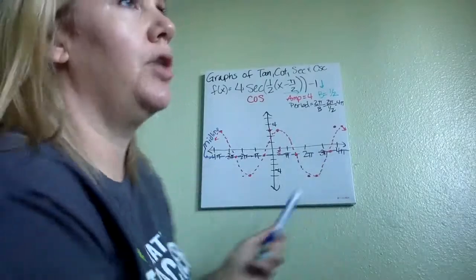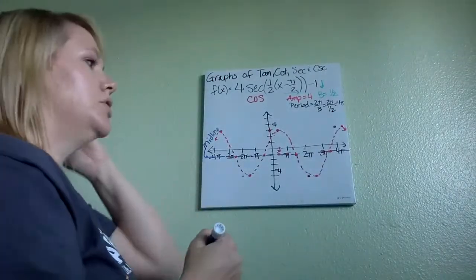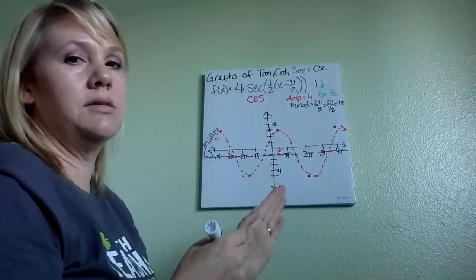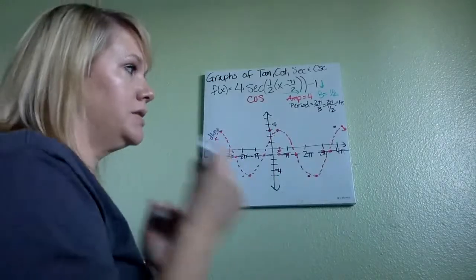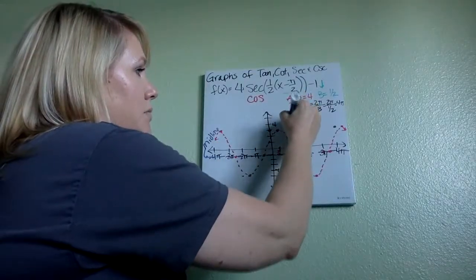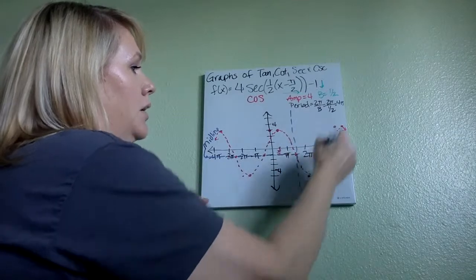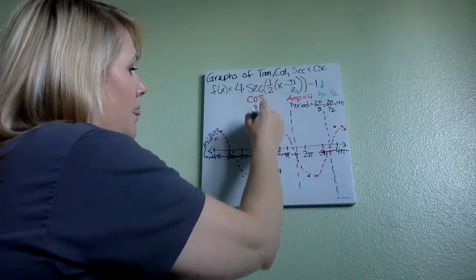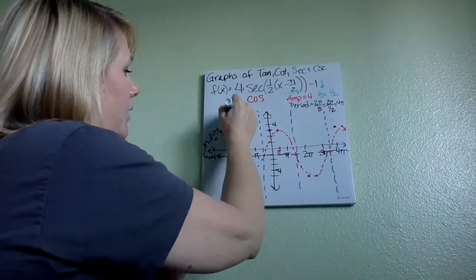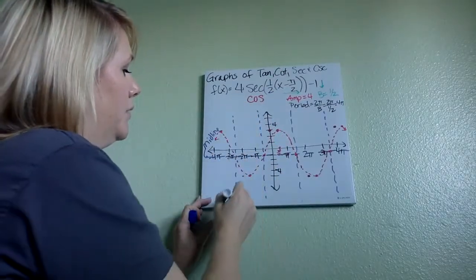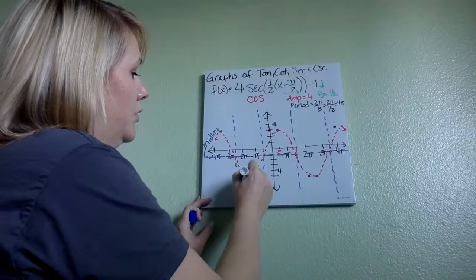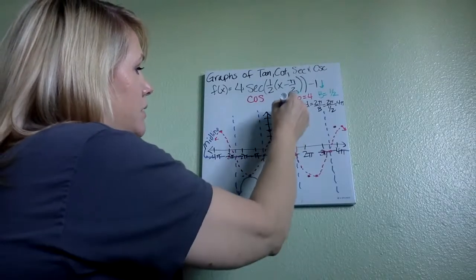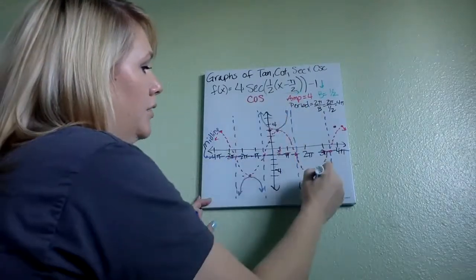So now when I go to draw in my asymptotes, I'm drawing the asymptotes where the red graph crosses the midline, not where it crosses the x-axis. So it crosses the midline here and there, and there, and there. And so each of these have our little parabolic shapes going toward the asymptotes.